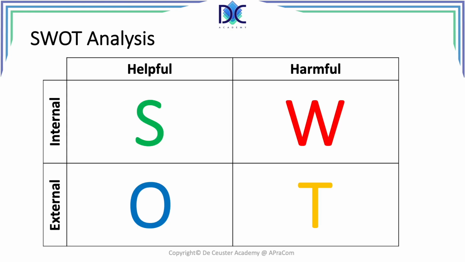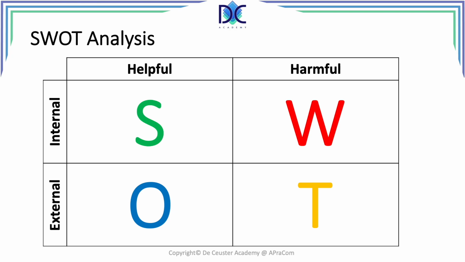You also know the SWOT analysis. You've seen that in business cases. We look at strengths, typically internal. Strengths and weaknesses are both internal parameters. Strengths are helpful, weaknesses are harmful. So we have to find out what are the internal positive elements that we have, what are our strengths, but also what are our weaknesses, because we have to understand where we are weak and what we can do about it.